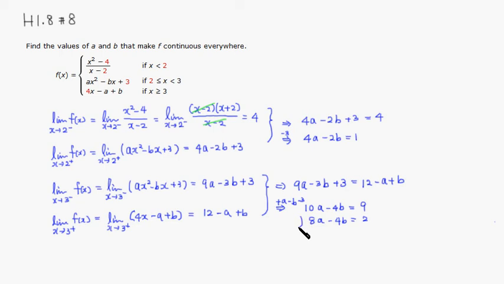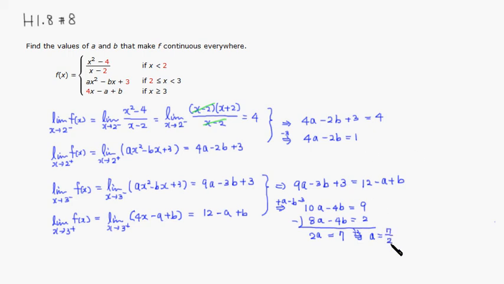This way I can do a subtraction. 10a minus 8a is 2a. Negative 4b minus negative 4b cancels out. And 9 minus 2 would be 7. By dividing through by 2, a is going to be equal to 7 halves.